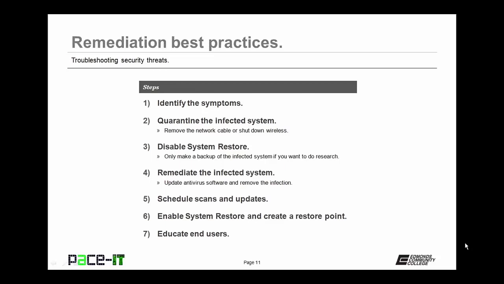Make sure that you're running scans on a regular basis, and make sure that updates are enabled and active. Now you should re-enable your system restore and create a new restore point. And then last, you should educate the end user. Anybody who uses that system needs to be re-educated in proper preventative methods.